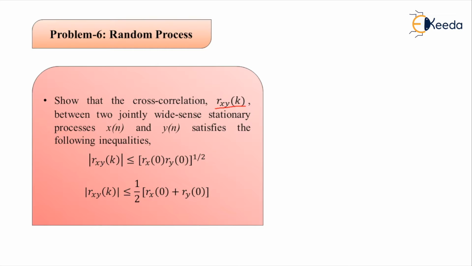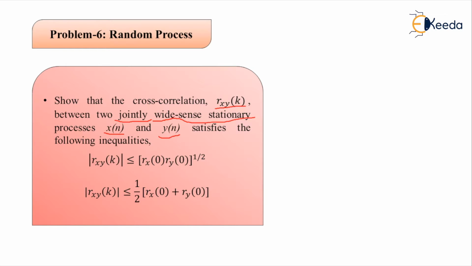x of n. Here in this particular problem statement, we have two random processes represented x of n and y of n, and both are wide sense stationary type, and as they are together, we can have the analysis with the help of joint functions.